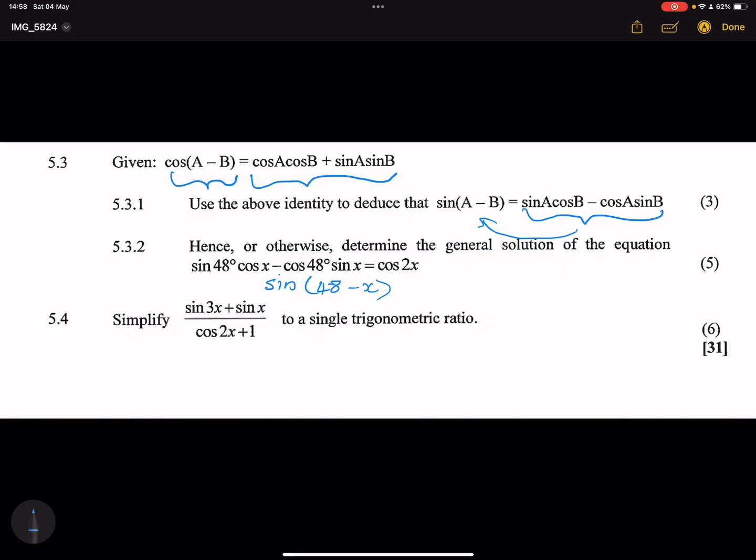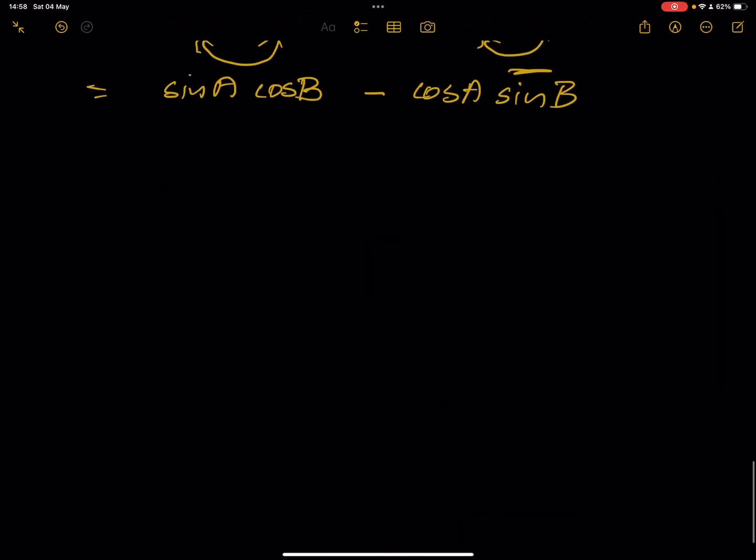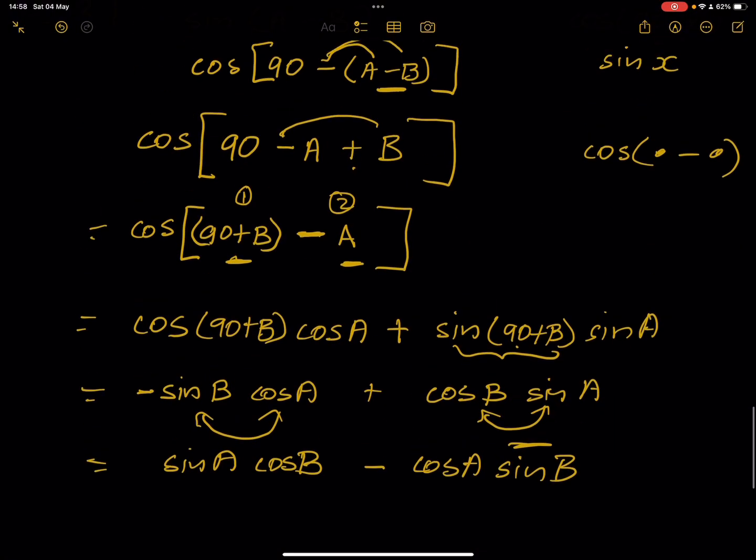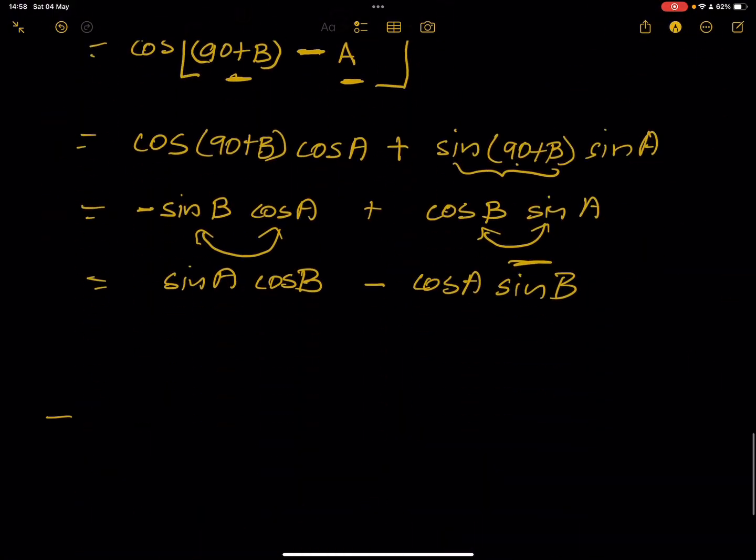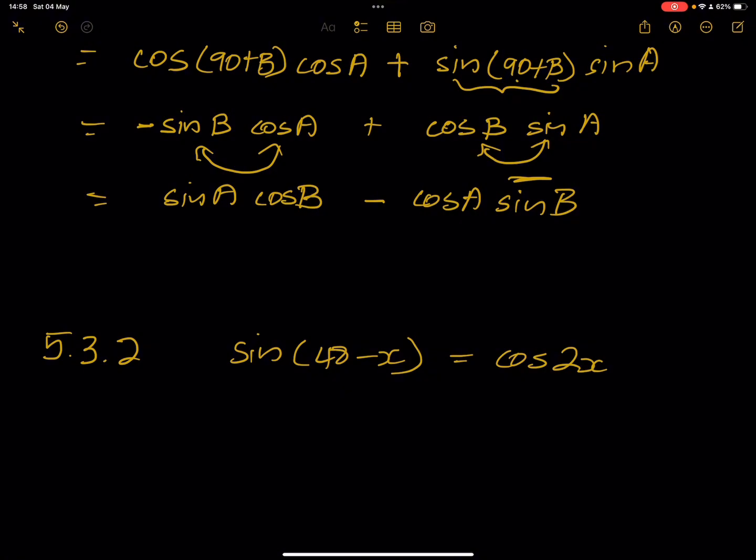So let's write that down. Sine of 48 minus x is equal to the cos of 2x, right? And we're looking for the general formula.